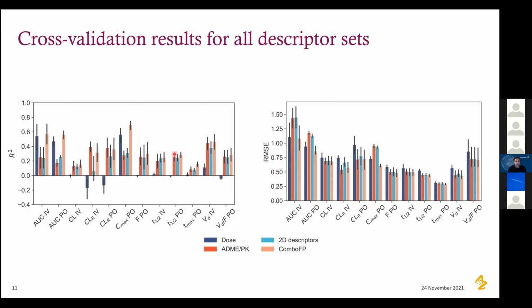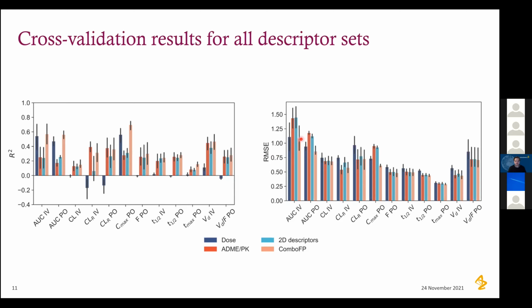And it's also very important to see whether it is better than the dose itself, and in some cases, it's not. So here we're not trying to say that we can model everything perfectly. This is kind of honest results of what we could achieve. But we see here on AUC IV that we don't do much better by adding all of these descriptors than just using the dose. So for that reason, maybe this isn't very appropriate to model.